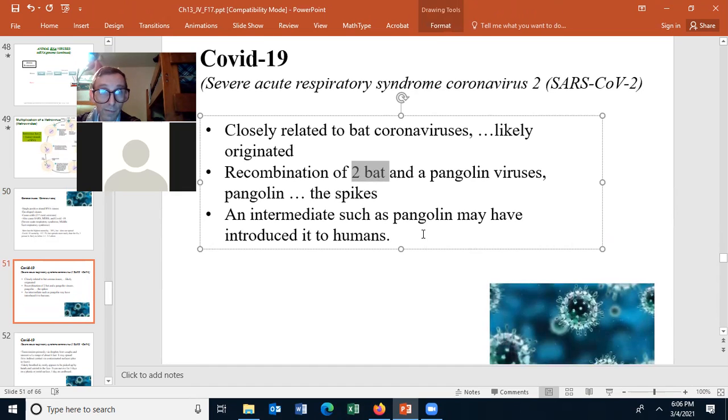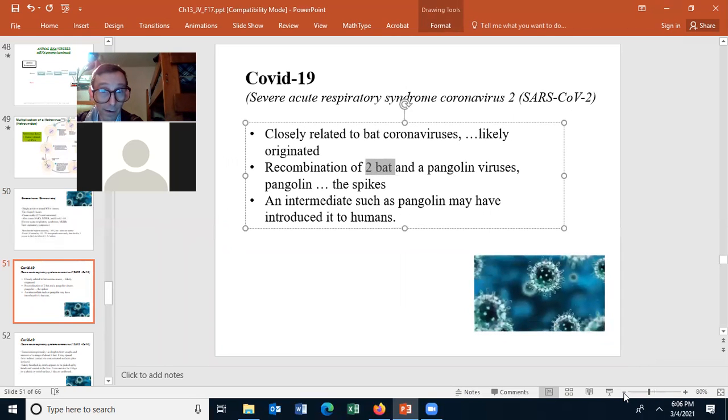So it looks like COVID-19 is a recombination of 3 coronaviruses that originated fairly recently, and also recently got into the human population.